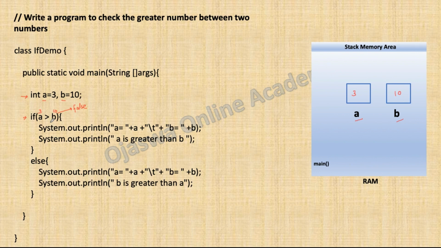And when the condition is false, control will not go inside the if block. It will go to the else block. And the code inside the else block will execute. So it will print System.out.println a = value of a, which is 3, \t denotes tab space, b = value of b, which is 10. Next statement, System.out.println b is greater than a will be printed to the output screen. So this is how the if-else block works.